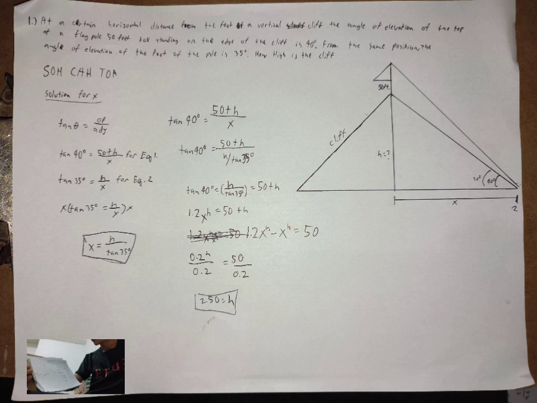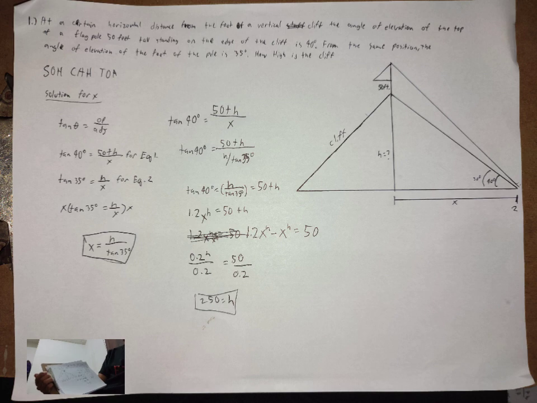So tangent 40 is equal to 50 plus height over x, and x is height over tangent 35. So tangent 40 degrees multiplied by height divided by tangent 35 is equal to 50 plus height.